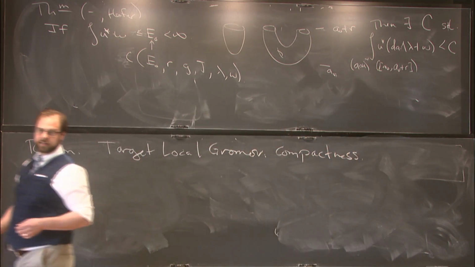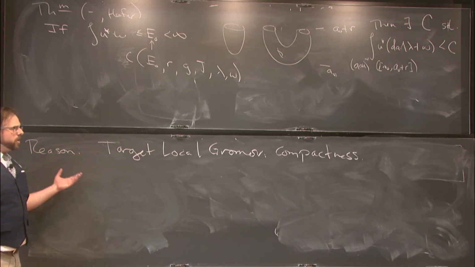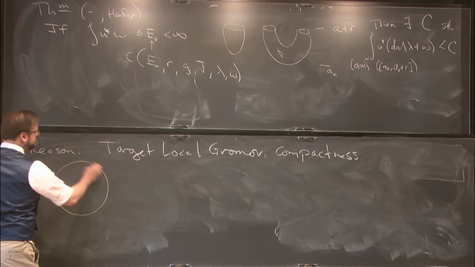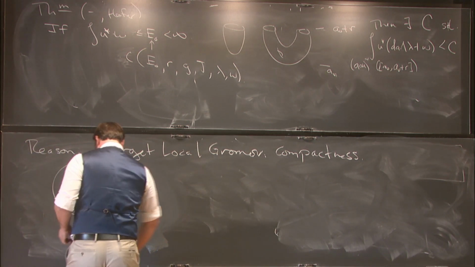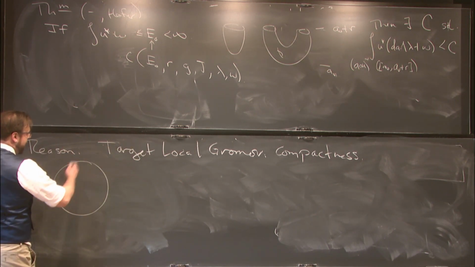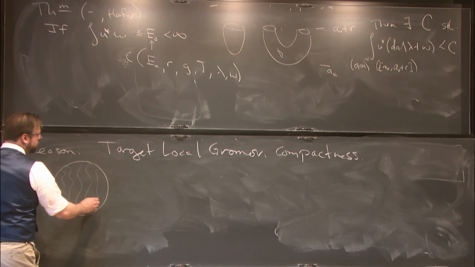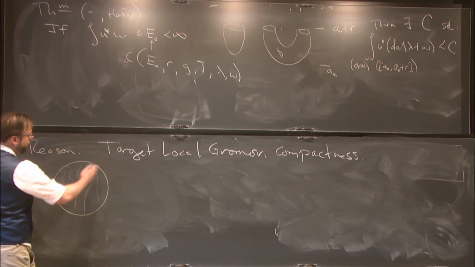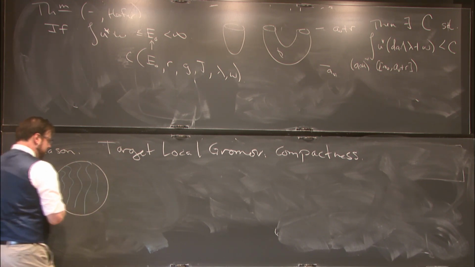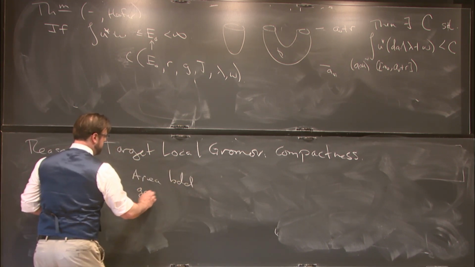target local Gromov compactness. So this is my compactness theorem, the first half of my thesis. What does the target local Gromov compactness theorem tell you? Basically it says if you have, for instance, a symplectic manifold, say compact with smooth boundary, and you have a sequence of pseudo-holomorphic curves with boundary either in the boundary of the target or close enough to the boundary either way, and suppose the area is bounded and the genus is bounded.